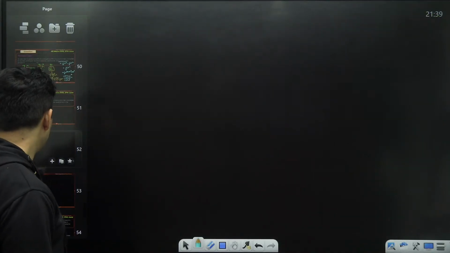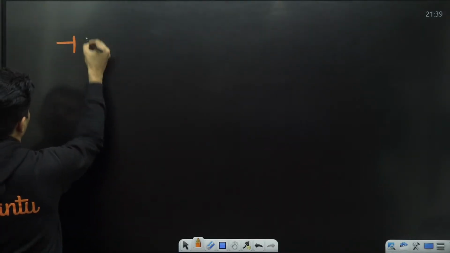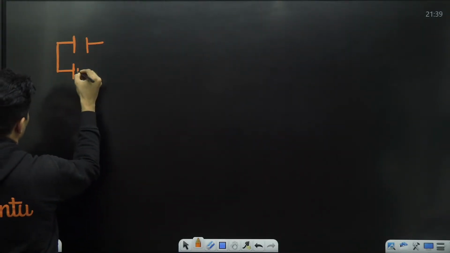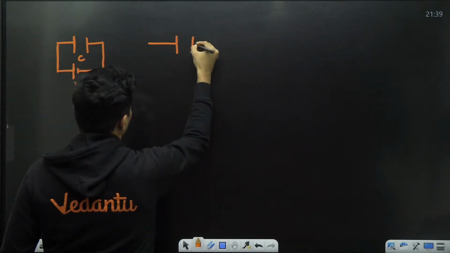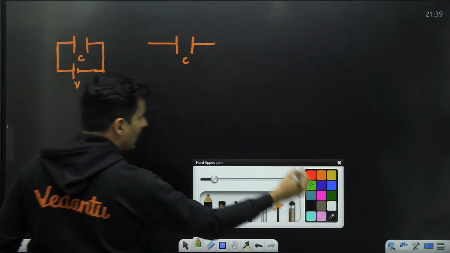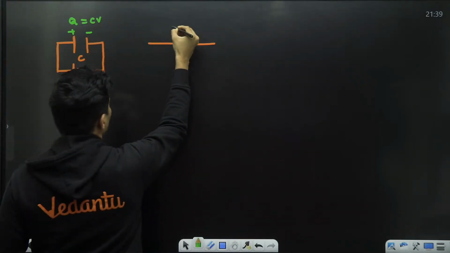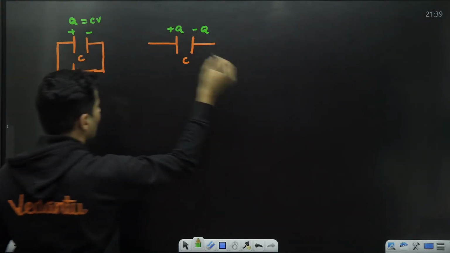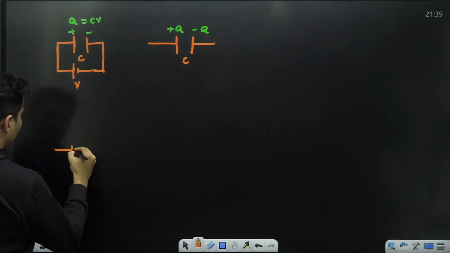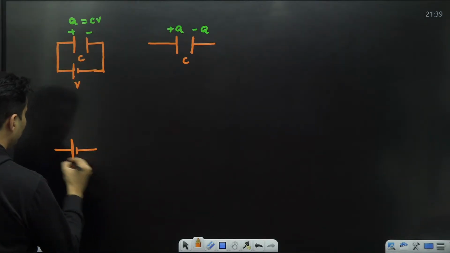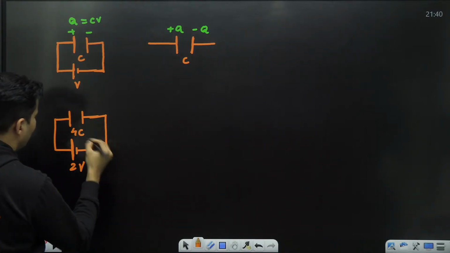Now, let me remind you, there could be many such questions like this. Imagine you have a capacitor which is charged by a battery like this. You disconnect it. Still that charge is there. So this plus minus Q, which is equal to CV. So that plus Q minus Q is there. Maybe you have another capacitor which is charged by some another battery, maybe double the size, maybe 2V, maybe the capacitance is something else, maybe it is 4C, some random value you have taken.